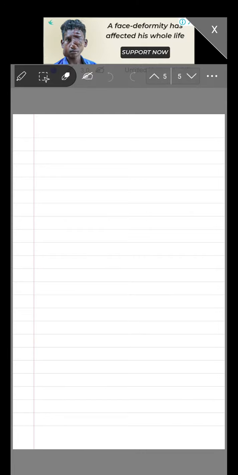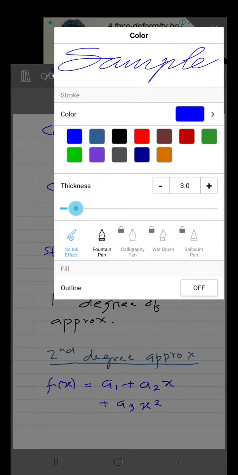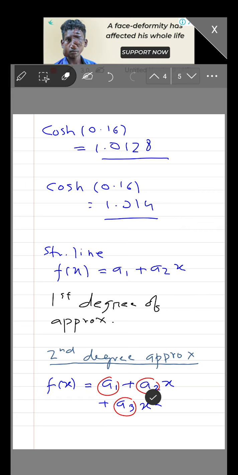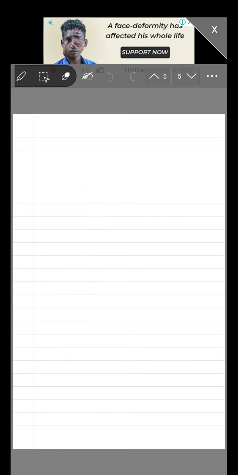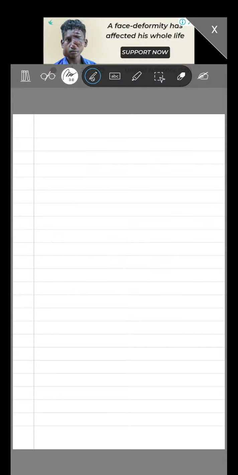Now our main objective is to find the values of these coefficients, that is a1, a2 and a3, and to find these coefficients we use the simultaneous equations as used previously.